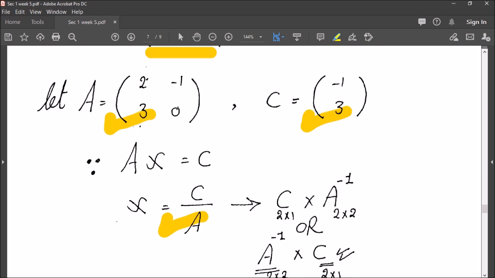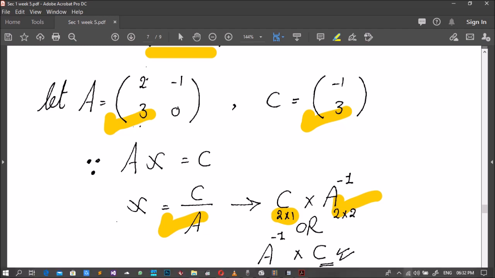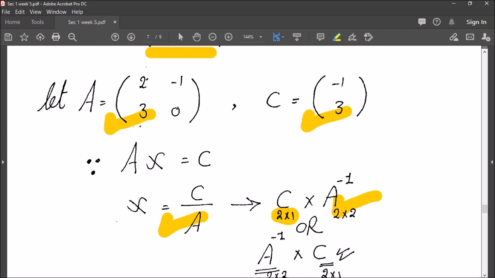C is a 2 by 1 matrix, multiplied by A inverse, which is a 2 by 2 matrix. Can I multiply C with A inverse? No, I can't. Order 2 times 1 cannot be multiplied by an order 2 by 2.